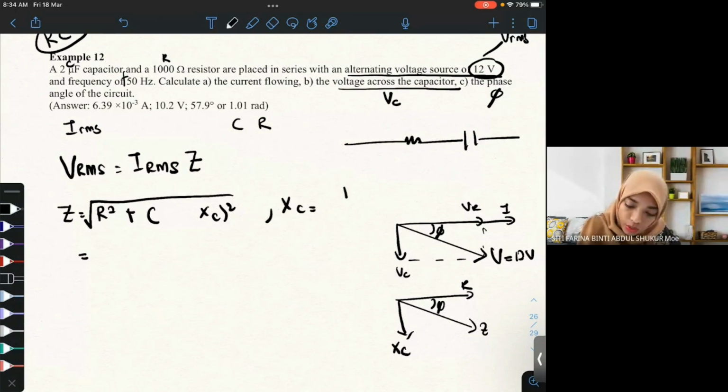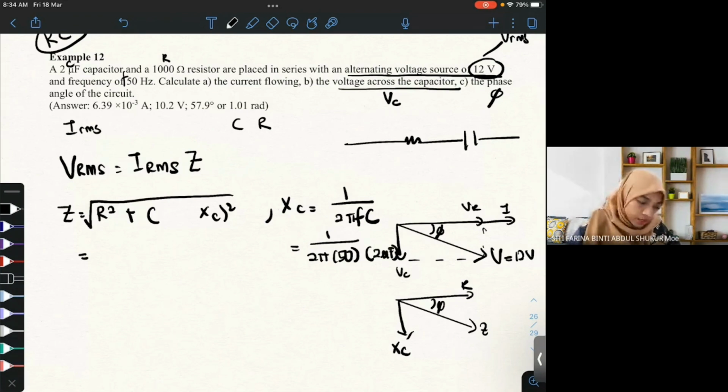XC akan sama dengan 1 over 2 pi F C. The value of C is given. 1 over 2 pi F kamu adalah 50. Your C is 2 microfarad. Dan kamu pun tekanlah calculator.